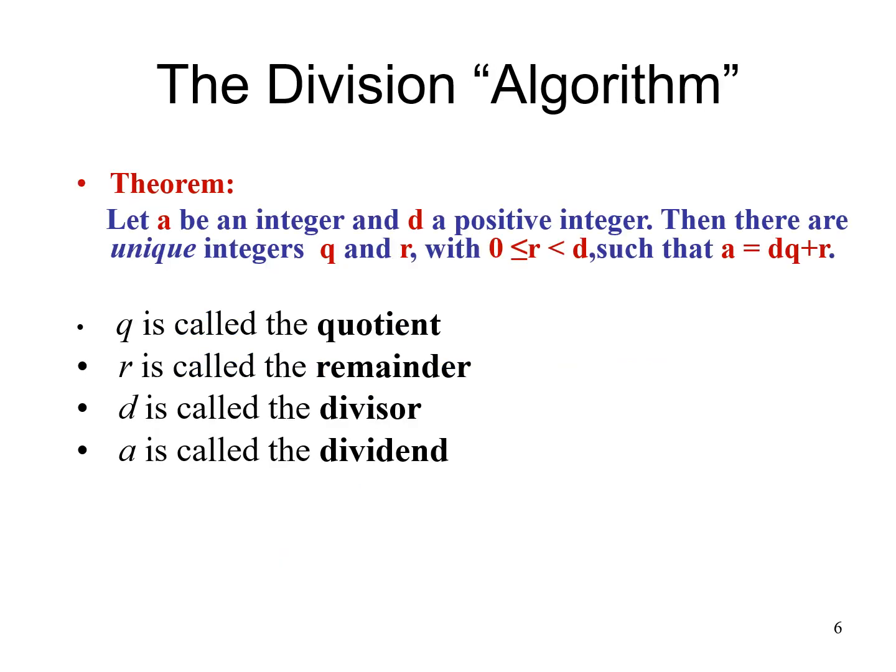Division algorithm says that let A be an integer and D a positive integer, then there are unique integers Q and R with R between 0 and D. R can be equal to 0 or it can be any value between 0 and D, such that A is equal to D into Q plus R. Q is called the quotient, R is called the remainder, D is called the divisor and A is called the dividend. You can note these terms in your notebook.